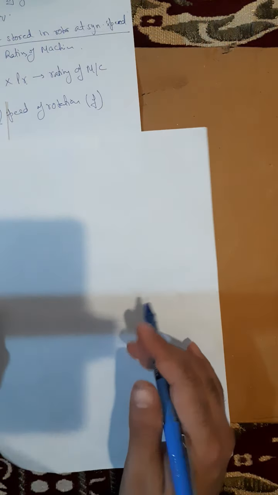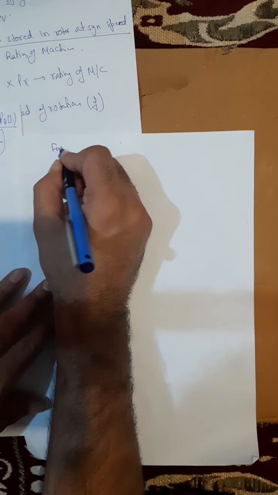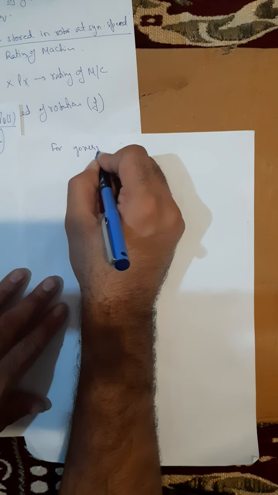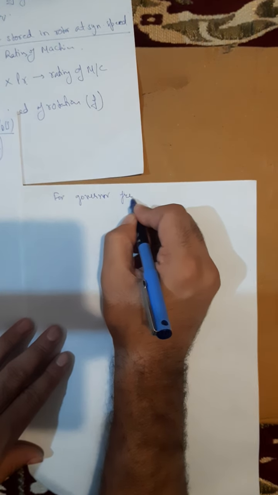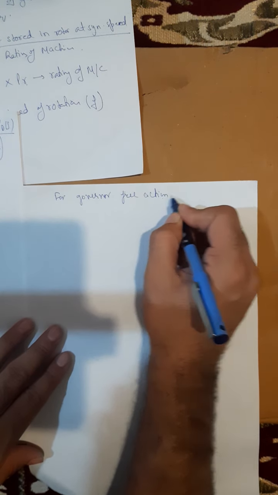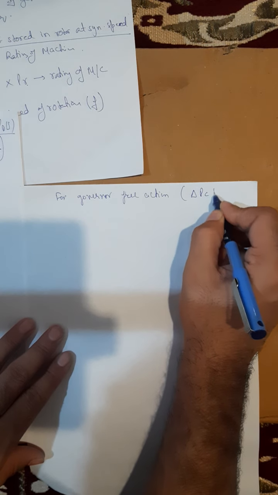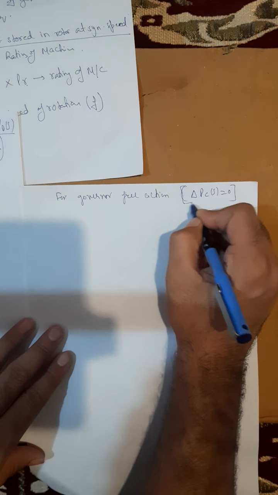So for governor free action, delta PCS is equal to 0. Are you getting it?